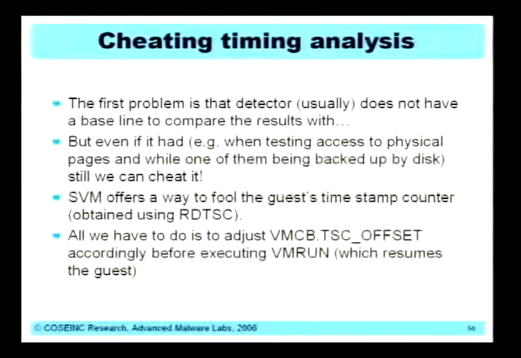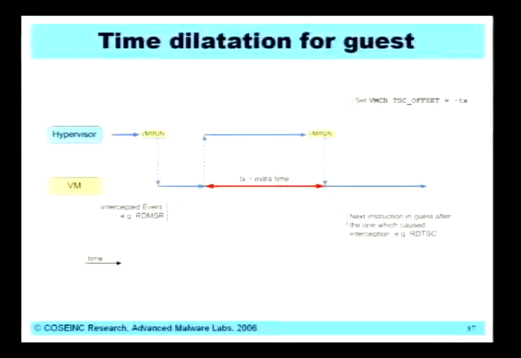But even if it was constant, even if we had this baseline, even if we could look into the optimization guide, which has a table of instruction latencies, and even if it worked, there's an easy way for us to cheat about cycles.